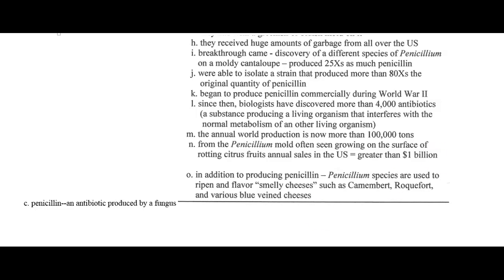So penicillin is an antibiotic produced by a fungus, Penicillium. Another very important thing that was found, not through trying to find it, but by accident, was nylon. He was working with polymeric esters or polyesters. Didn't really find them very useful.